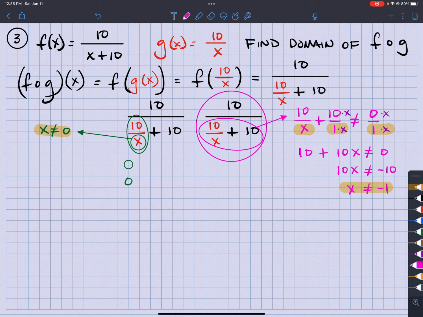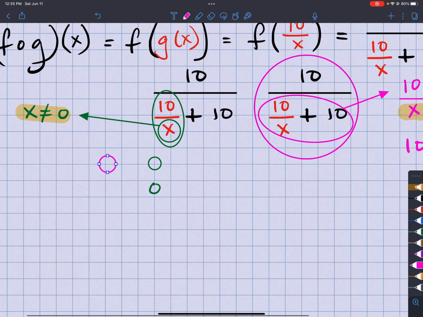And I'll have this right here. I'm trying to make this move here. There we go. And this is going to be at negative 1.